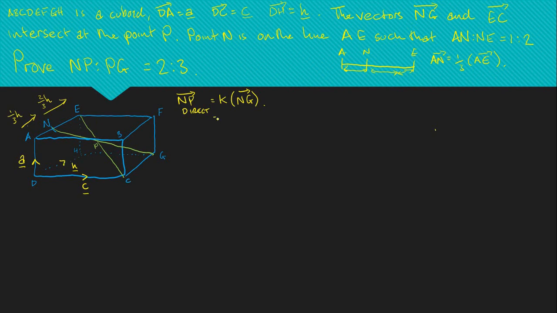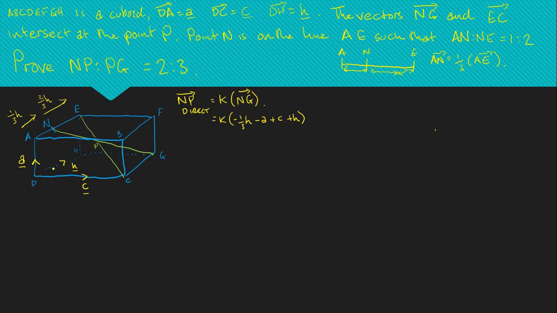Now to get that we're going to have k of, well, we've got negative 1/3 H minus A plus C plus H. Negative 1/3 H takes us there, minus A plus C plus H.